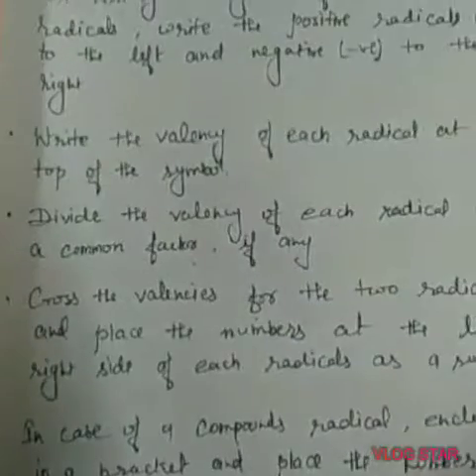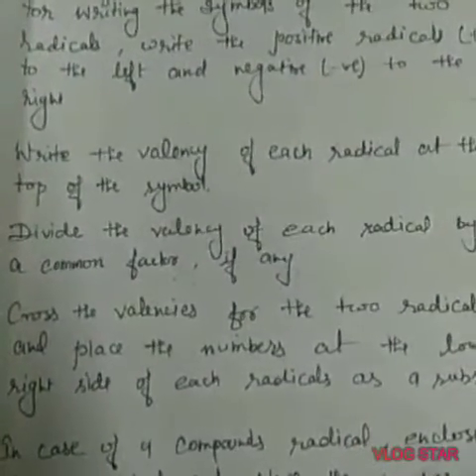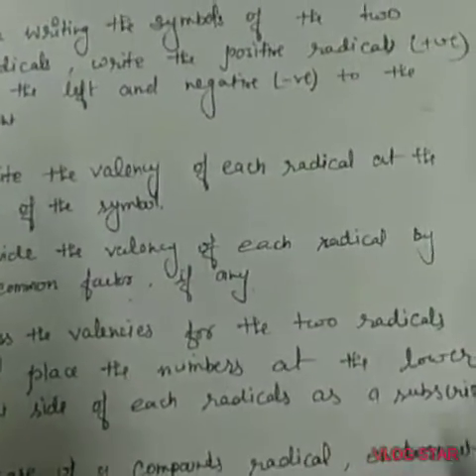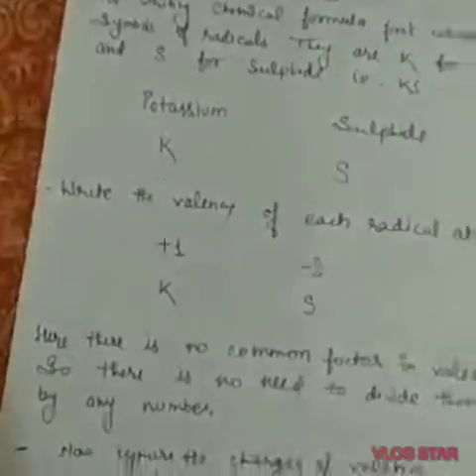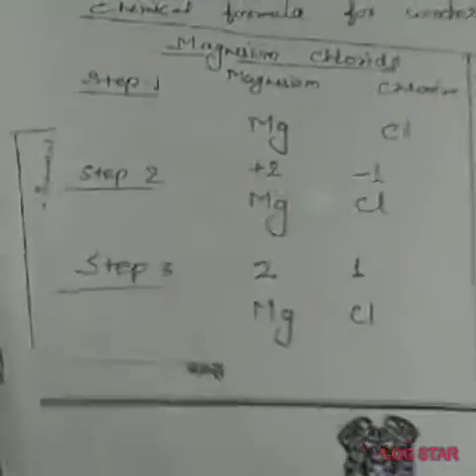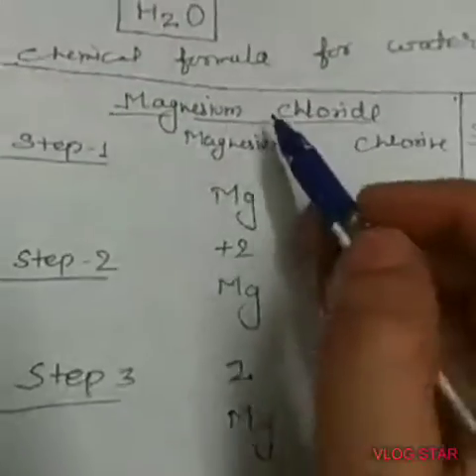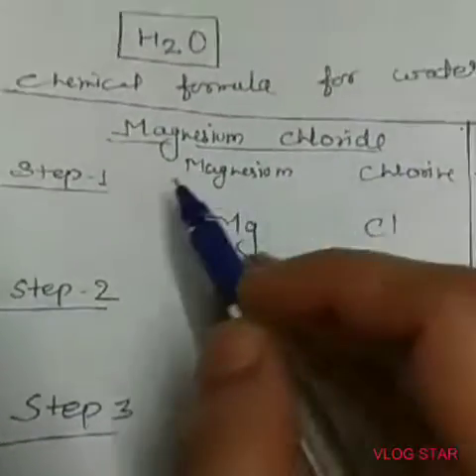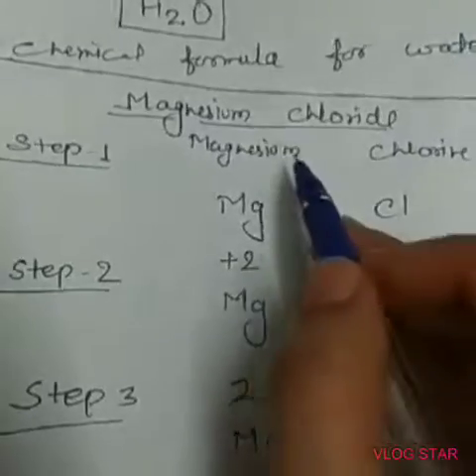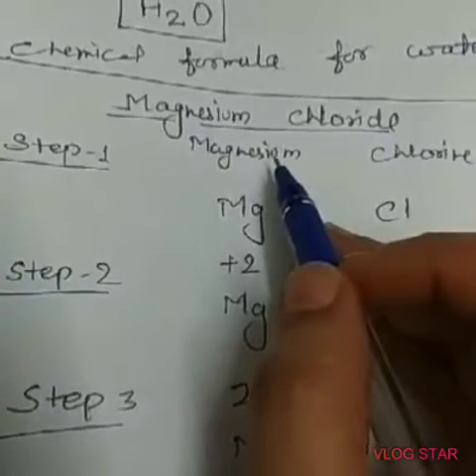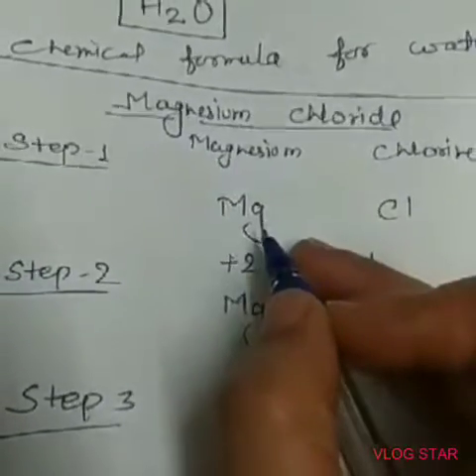So for understanding more about this, let's write the chemical formula for some more elements. Let's take one more example: magnesium chloride. According to the first step, we have to write the symbols. We know the symbols of magnesium and chlorine.